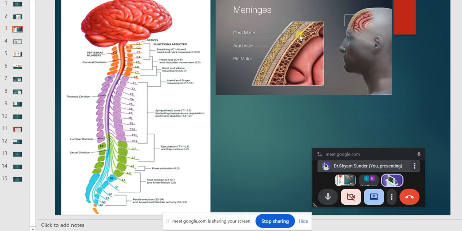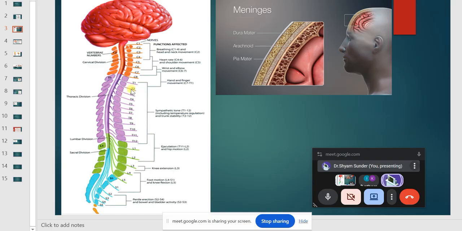And the skull will protect, right? The cranium will protect the entire brain, and the bony vertebral column will surround the entire spinal cord. So the vertebral column or cranium, their function is to protect the sensitive organs, including the brain and spinal cord.